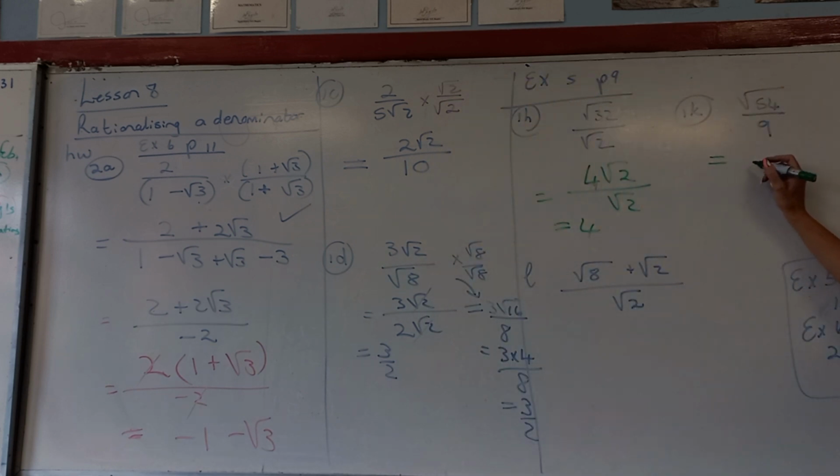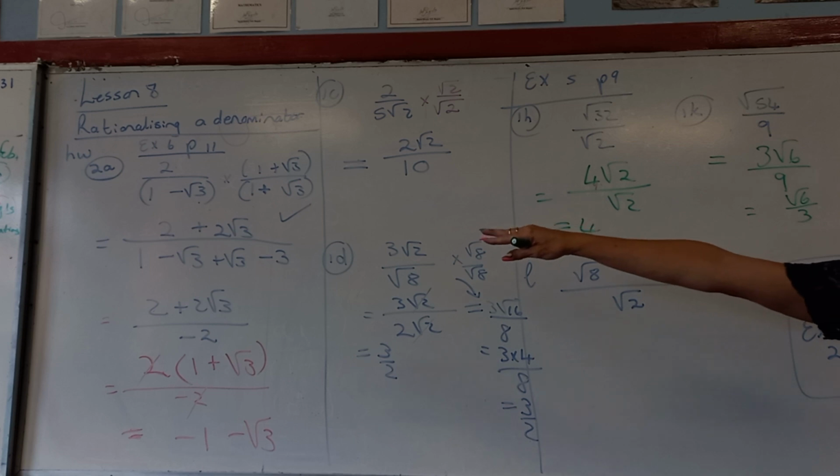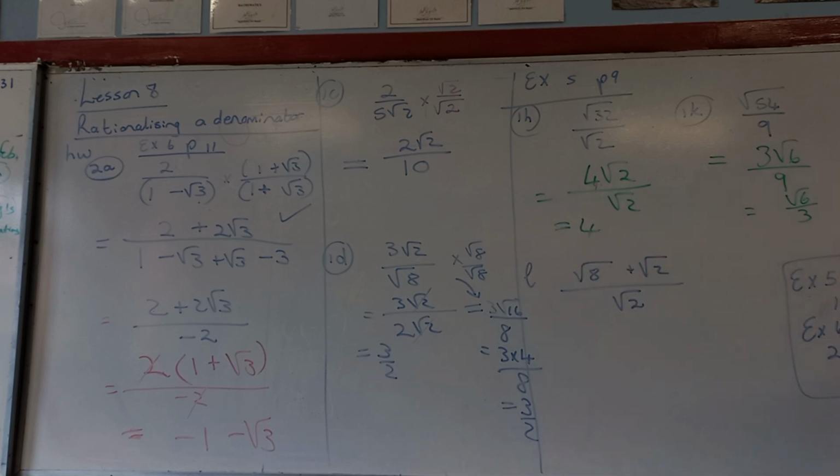For the next one, the calculator gives you 3 root 6 over 9, which will then be what? 3 goes into 9 3 times, so it's root 6 over 3. Done. And I don't have denominators that are irrational. It was before the exercise of rationalization, but now you know you have to rationalize. Your calculator will help. Last question.